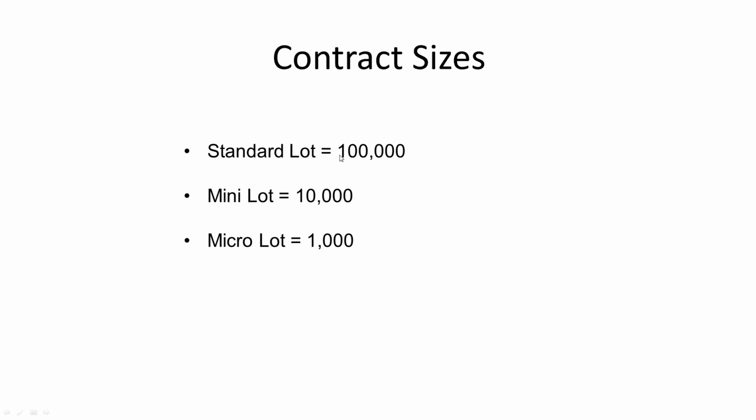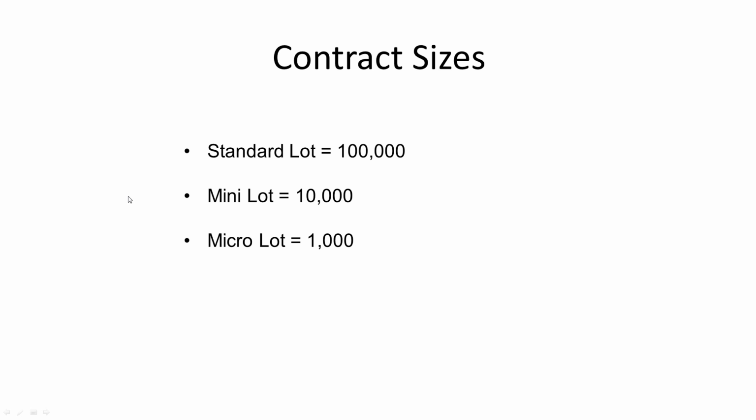Now, when you have an account like IBFX, where they call it a mini account, what that means is everything is brought down on your account by 10. So if you trade 1.0 lots on an IBFX mini account, that's actually only 10,000 instead of 100,000. But for what we're doing today, we're going to look at it as one lot, 1.0 lots. A standard lot is a 100,000 contract size.